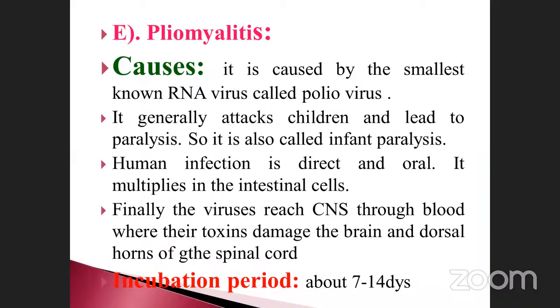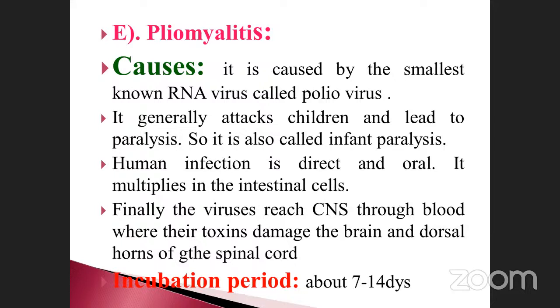E, poliomyelitis. Polio. We all already took the polio vaccine, OPV, oral polio vaccine. It is caused by the smallest known RNA viruses called polioviruses. They are collectively called poliovirus. Which one produces poliomyelitis? That is called poliovirus.